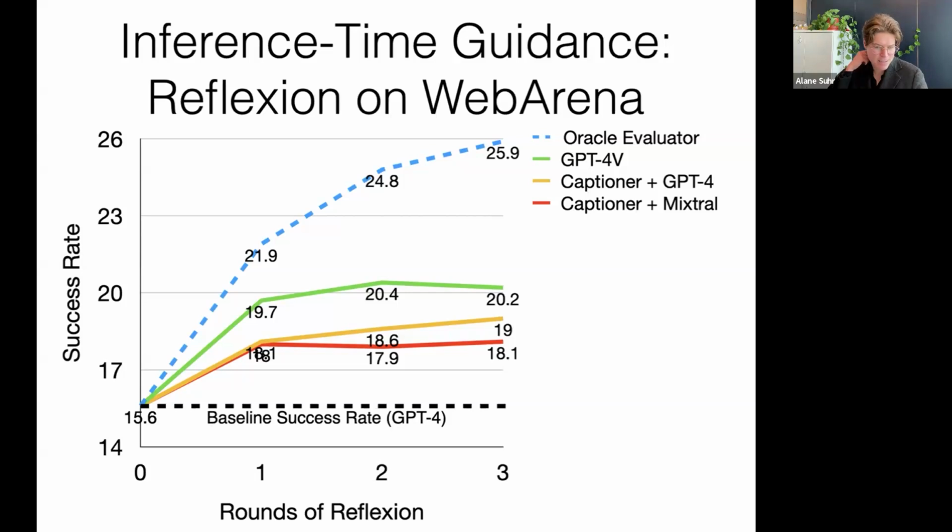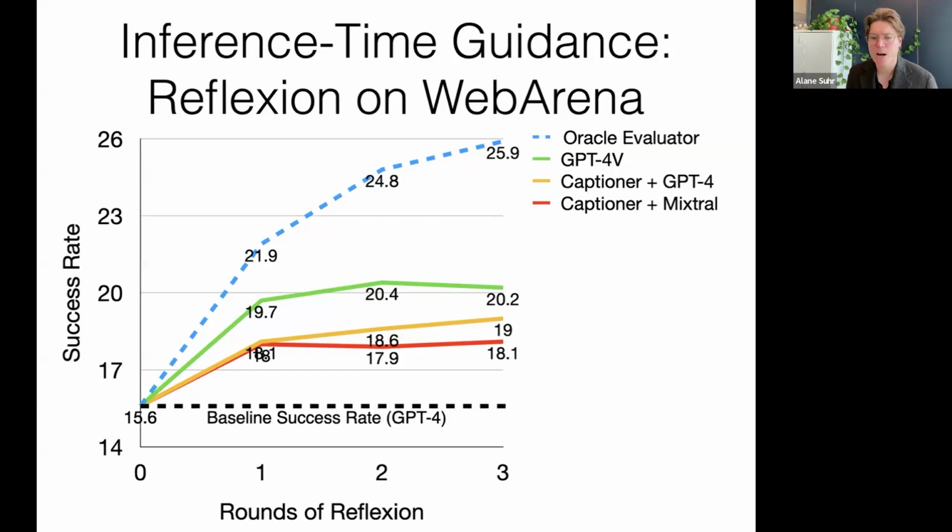The black dashed line at the bottom is the baseline success rate of the GPT-4 based agent without trying again. The blue dashed line is the upper bound of the reflection approach, where the evaluator telling us whether samples are correct comes from the Oracle metrics from the WebArena dataset.